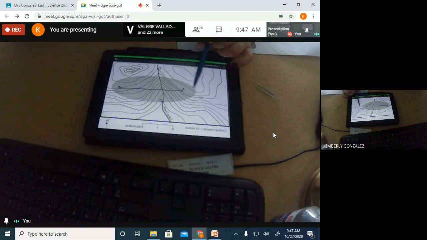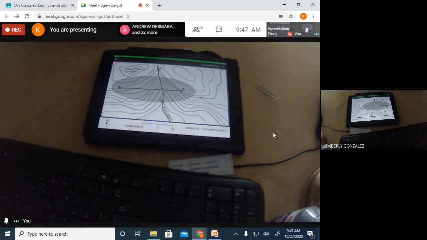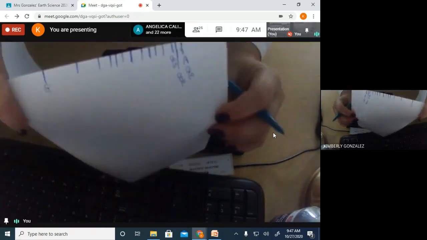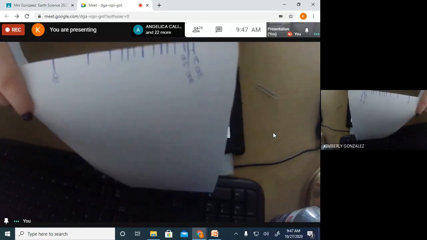So that means you need to know the contour interval, right, to figure this out. So you're just going to write the numbers in right next to the lines.